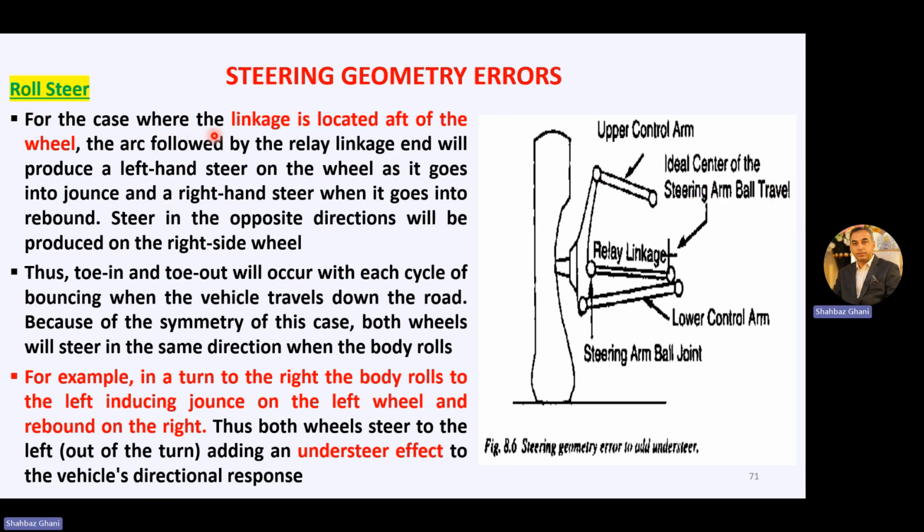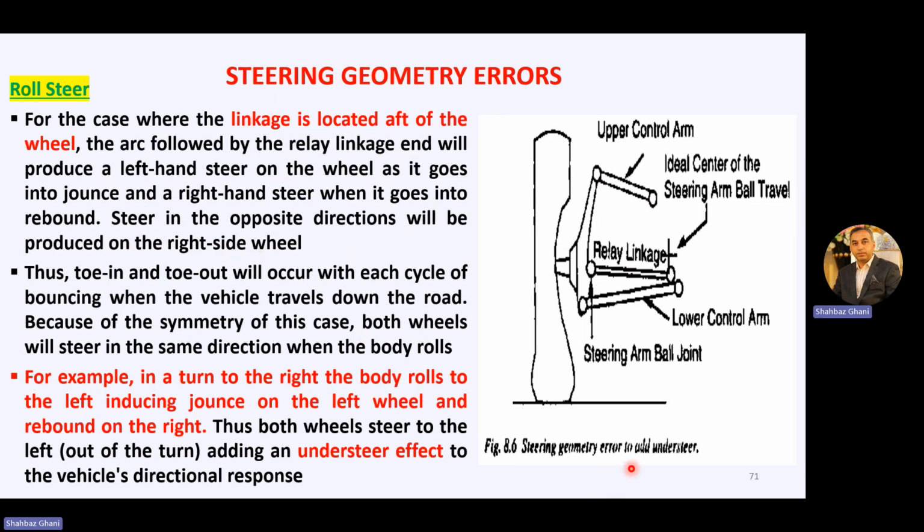For the cases where the linkage is located aft of the wheel, the arc followed by the relay linkage will produce a left-hand steer on the wheel as it goes into jounce and a right-hand steer when it goes into rebound. Steer in the opposite direction will be produced on the right side of the wheel.